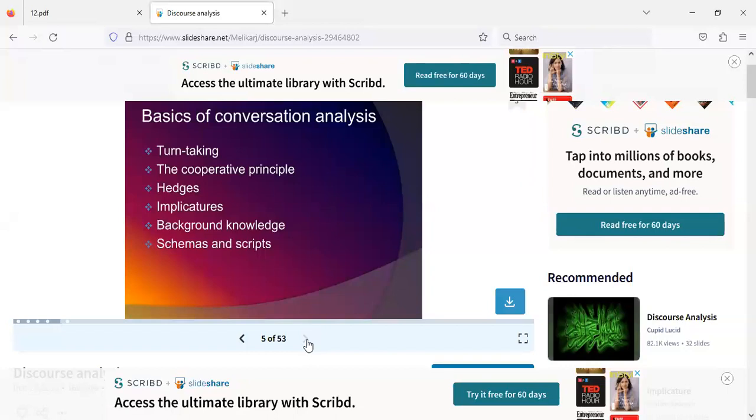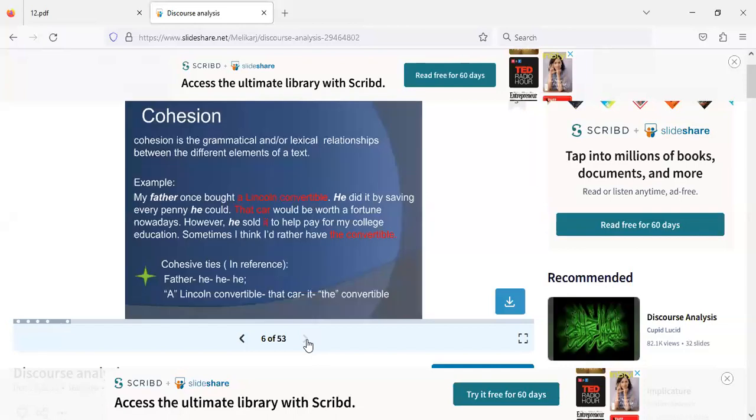These are the subtopics related to conversation analysis. Cohesion means the grammatical or lexical relationship between the different elements of a text. Suppose you get a text; here we see an example that we'll try to analyze.